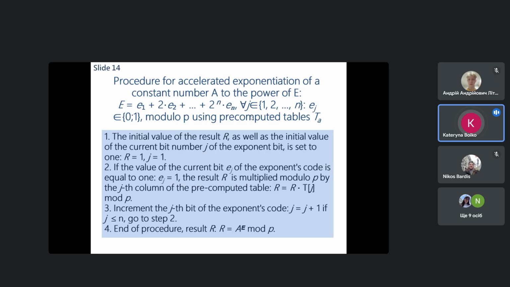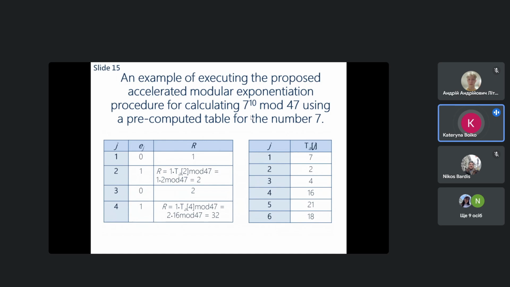Slide 14 presents the formal description of the proposed procedure for modular exponentiation of a constant number. Slide 15 provides an example of the proposed accelerated modular exponentiation procedure for calculating 7 to the power of 10 modulo 47 using the precomputed tables for the number 7.